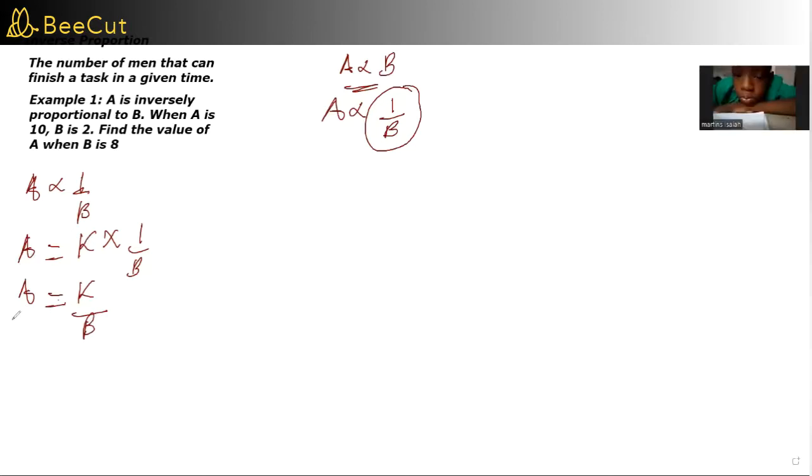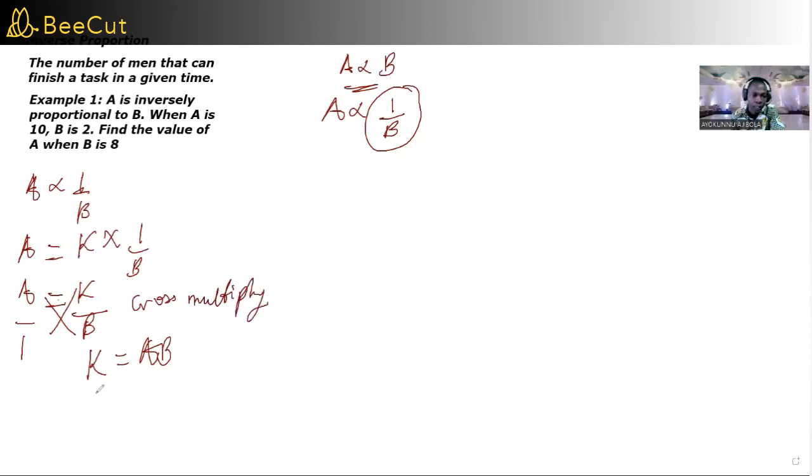To find my constant, I'm going to cross multiply. So 1 times K is K and A times B is AB. That is, I cross multiply. Let me write it.